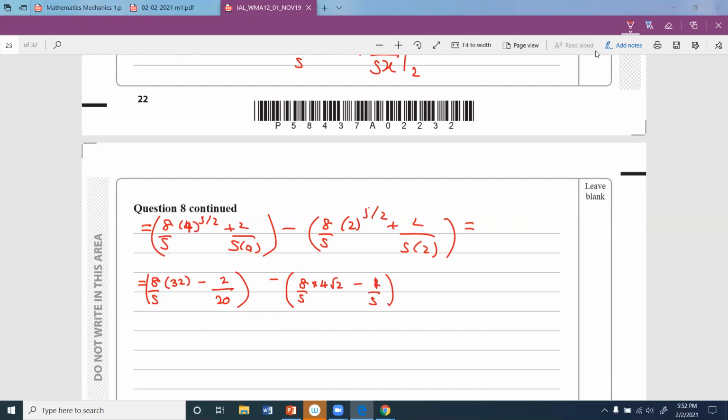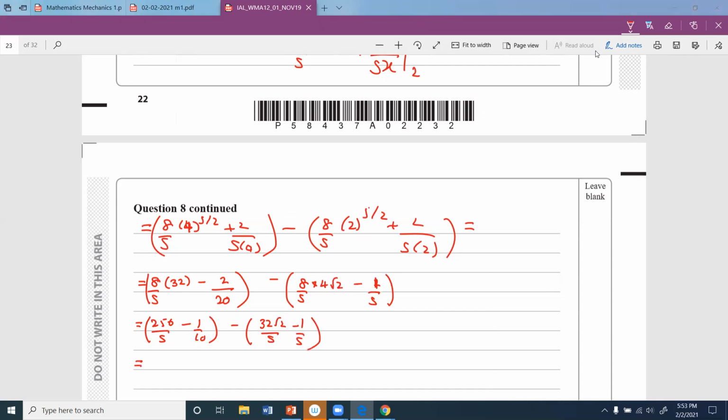Then 32 into 8 is 256, so 256 over 5 minus 1 over 10, minus 32 root 2 over 5 minus 1 over 5.